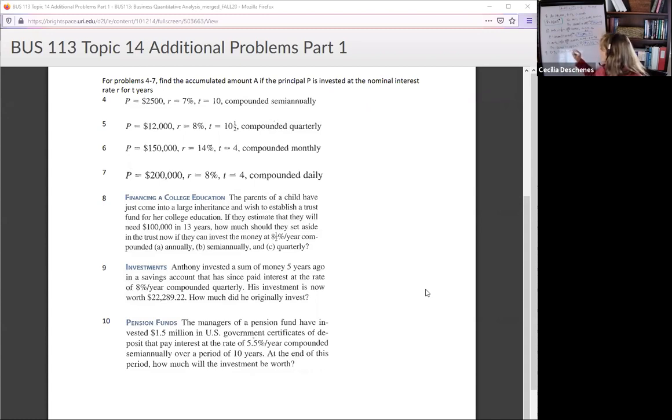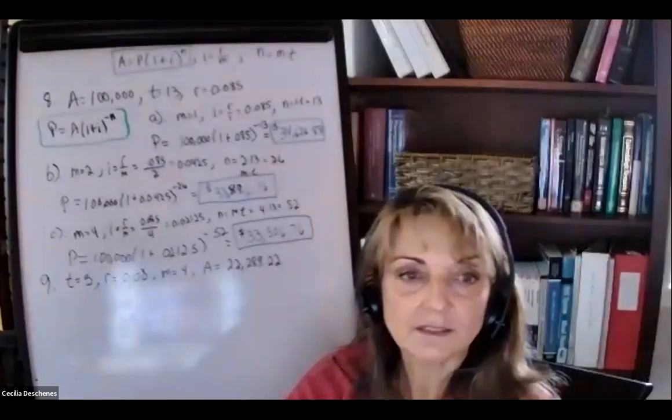So our M equals 4. And his investment is now worth, so our A, or accumulated amount, is $22,289.22.